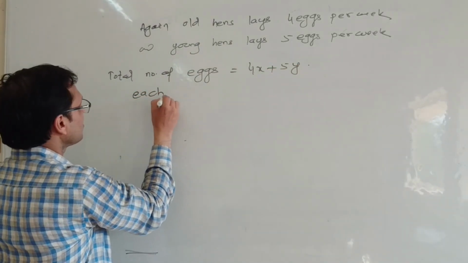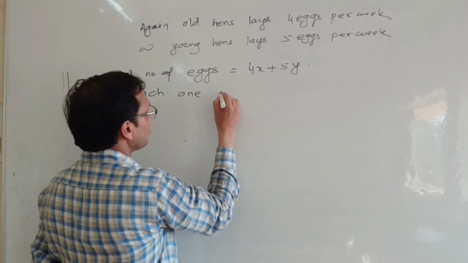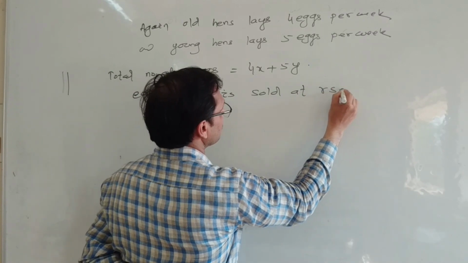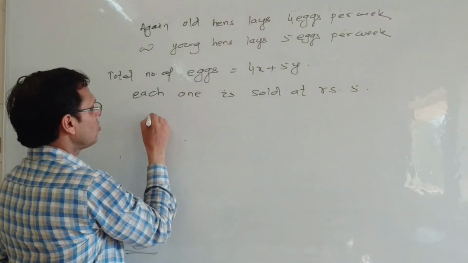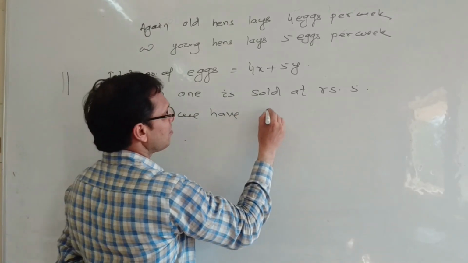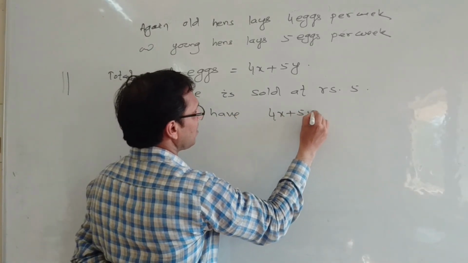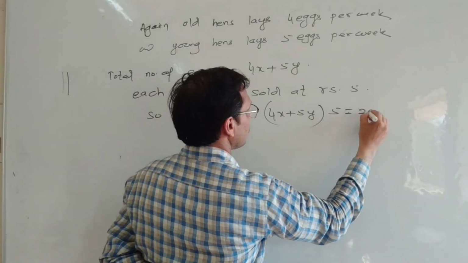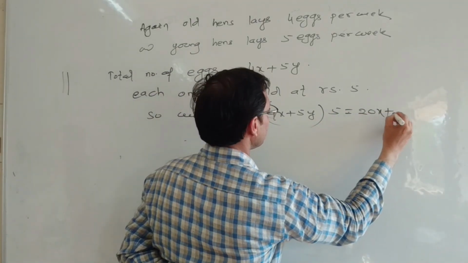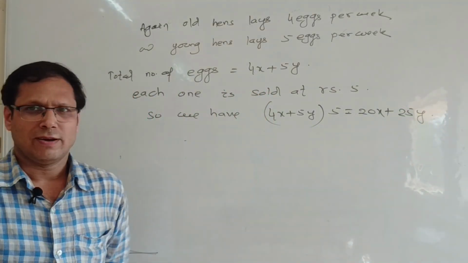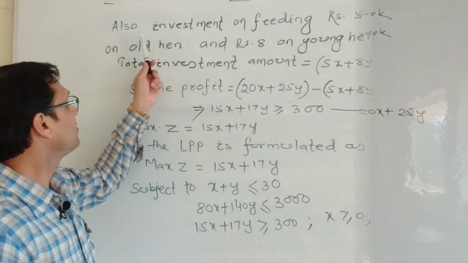Each one is sold at rupees 5. So we have how much earning? 4x plus 5y whole into 5, that is nothing but 20x plus 25y. This much rupees we are already earning.